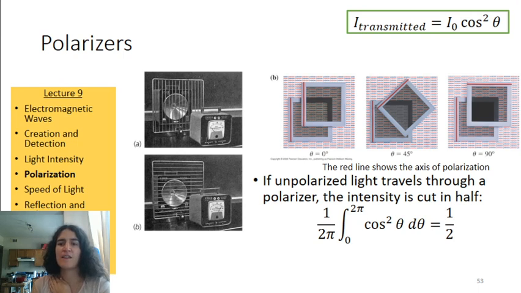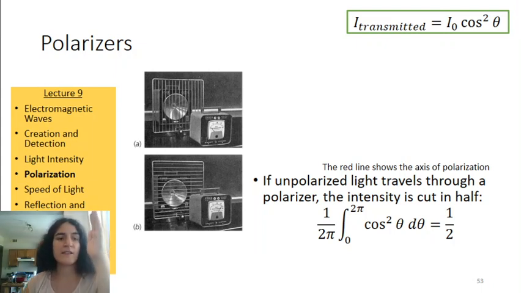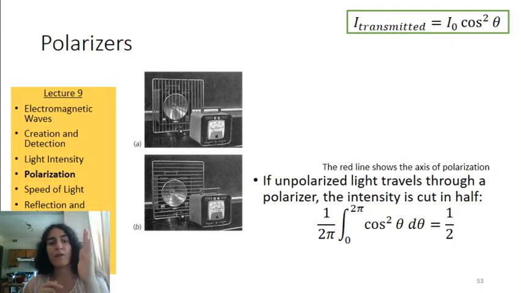This formula is also demonstrating why unpolarized light would have its intensity cut in half. For unpolarized light, I really need to take the average value of cosine squared across all angles. If I have a polarizer that's vertical and I'm sending unpolarized light, I need the average value of cosine squared to calculate the intensity of the transmitted light.